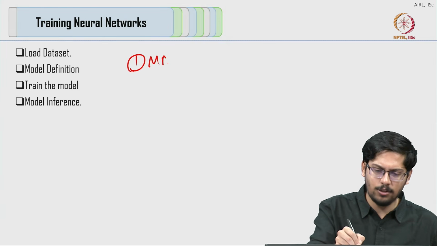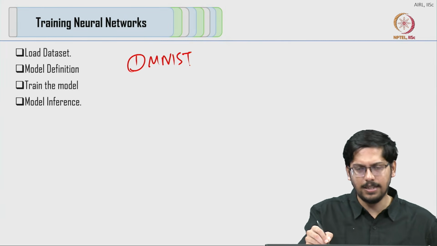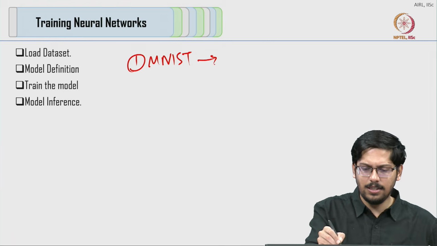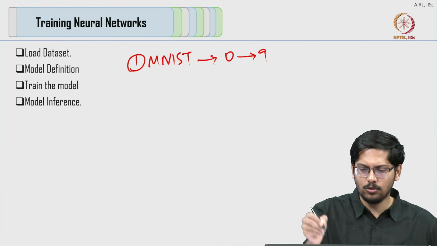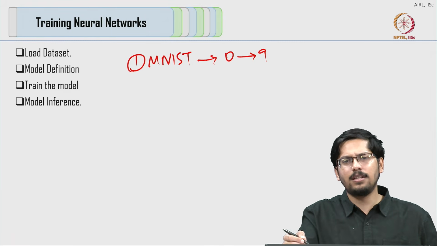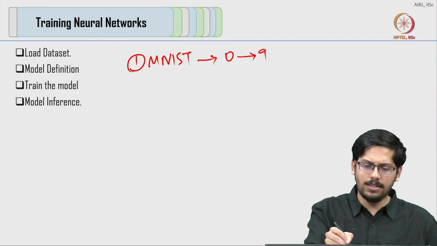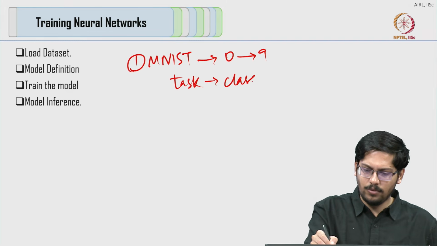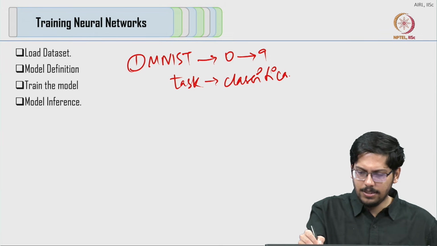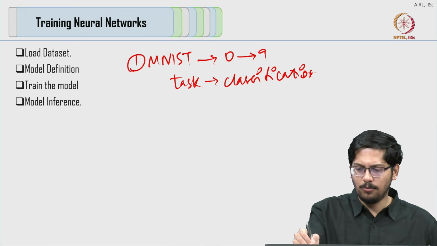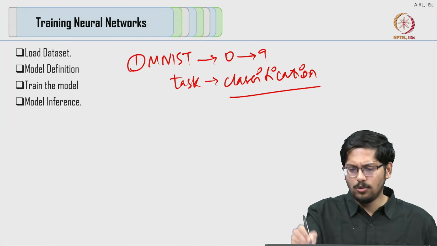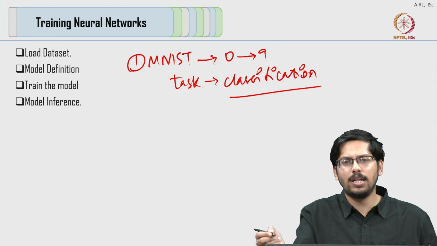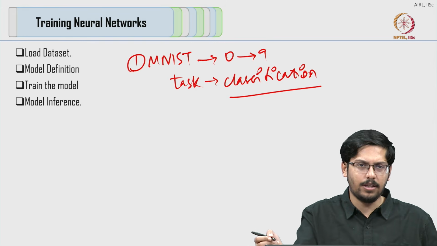Let's assume we are using the MNIST dataset. MNIST has photos of digits from 0 to 9, and the task for us is classification, where we take in images, pass them through the CNN model, and it has to classify what the class is. So from 0 to 9, it just needs to give a class, right?